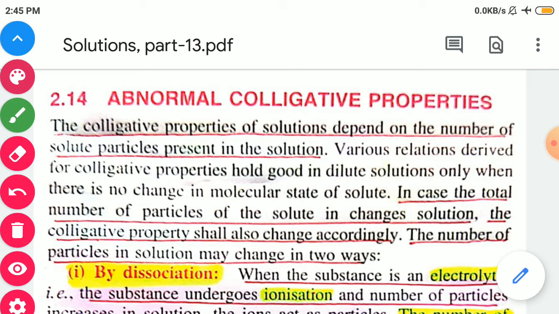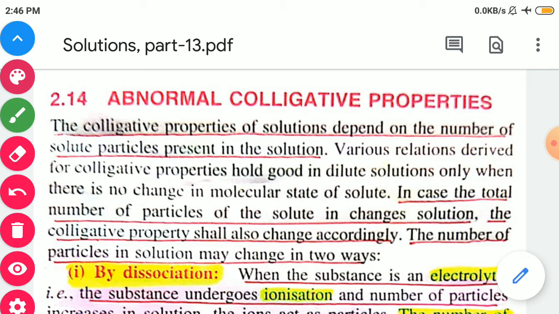Various relations derived for colligative properties hold good in dilute solution only when there is no change in the molecular state of solute. In case the total number of solute particles in solution changes, the colligative properties shall also change accordingly. The number of particles in solution may change in two ways.